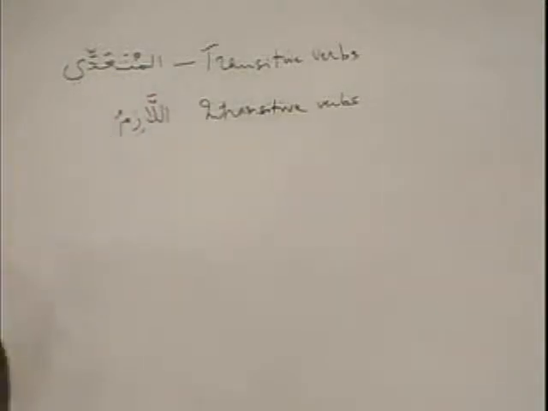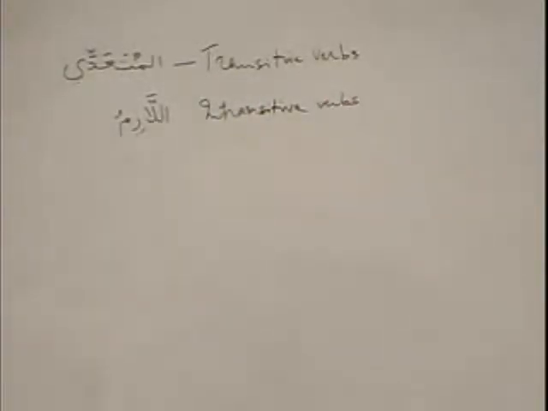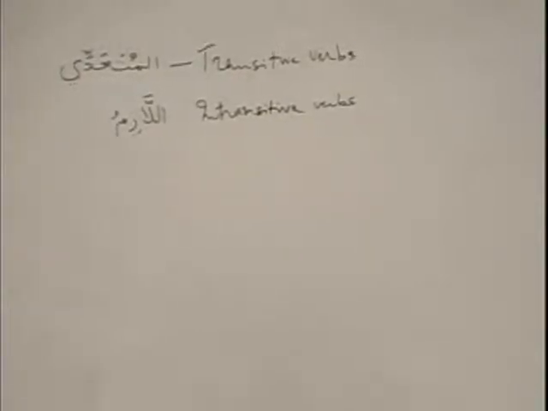Transitive verbs means that there is a verb, which is the action, and there is a doer of the action. The action is transferred to something else. The fa'il is the doer of the action, and then there is something which receives the action.